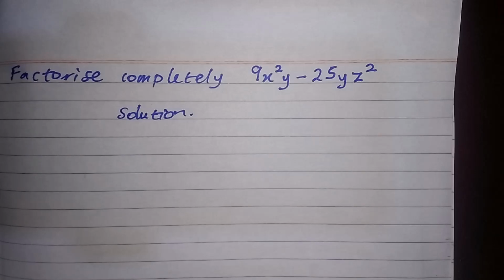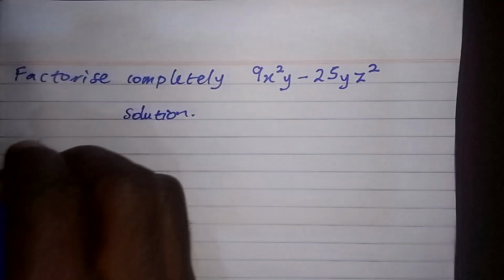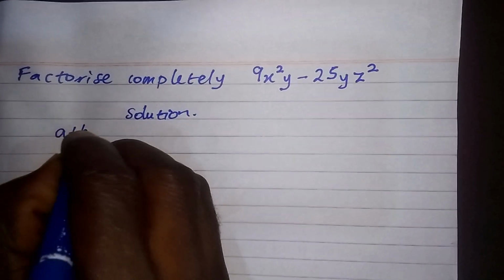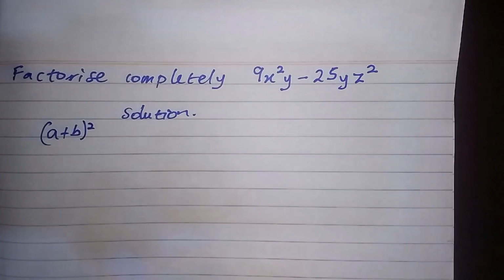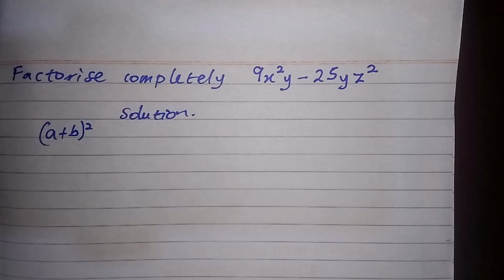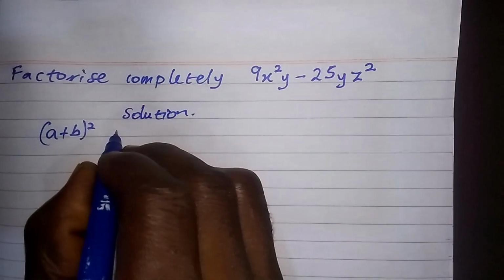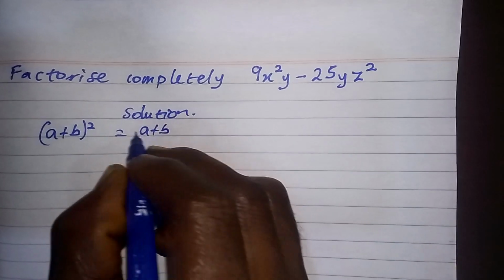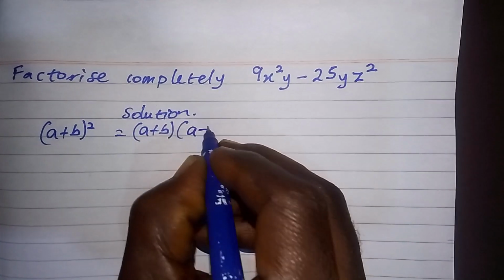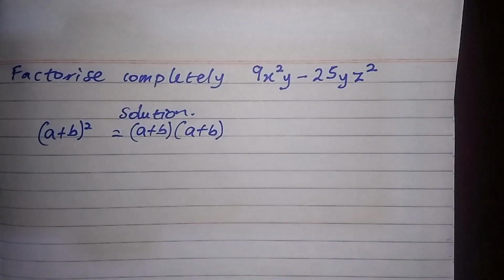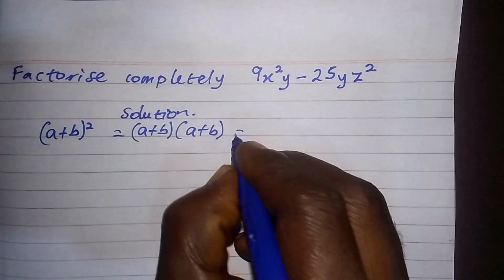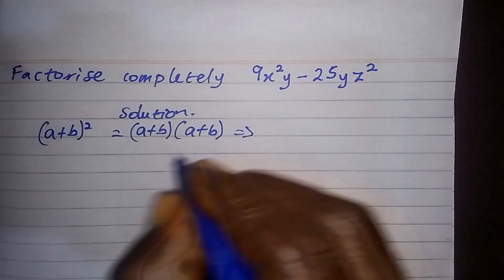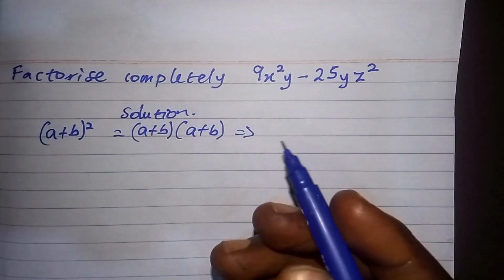So the first identity we are going to look at here is a plus b all squared. Now when I say a plus b squared, it means a plus b is multiplying itself twice, which is equal to a plus b multiplied by another a plus b. You are just multiplying the two brackets.